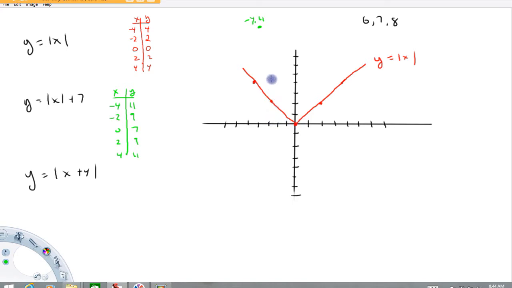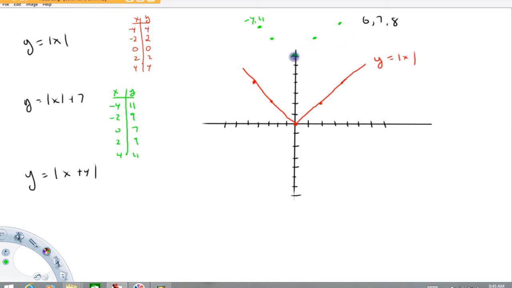Maybe about there. 0, 7: 0 over, 7 up. Get it in the right spot. 2, 9: 2 over, same height as the last one. 4, 11 is 4 over, same height as the other one.